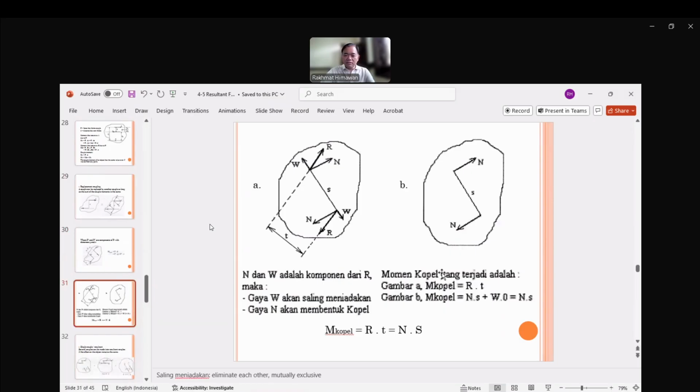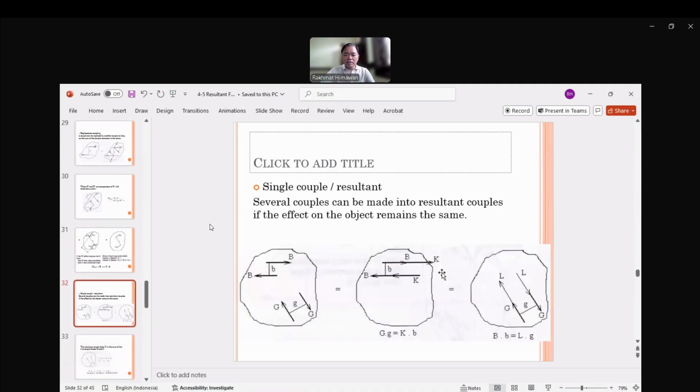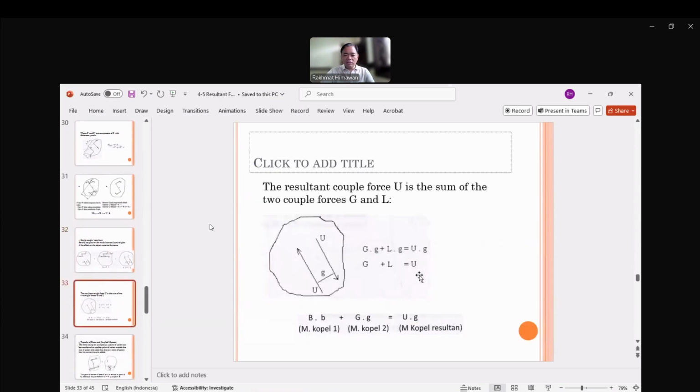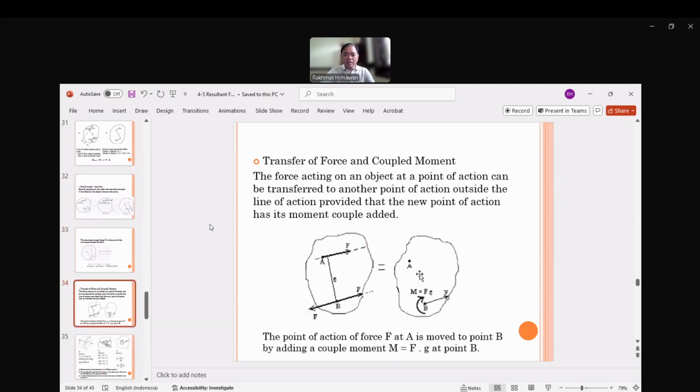Then we have the resultant of a single couple, with which we can move all those forces. Also this one into this one. Next, transferring a force and the couple moment that needs to change. This is what you usually use quite a lot: transferring this F1.